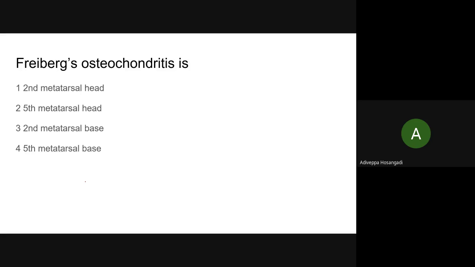Freiberg's osteochondritis. Very interesting choices, very nicely arranged distractors. You should be able to answer this. So it's metatarsal.